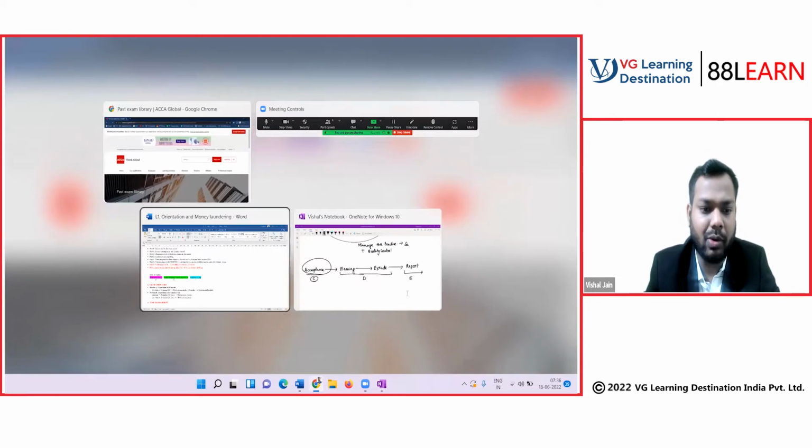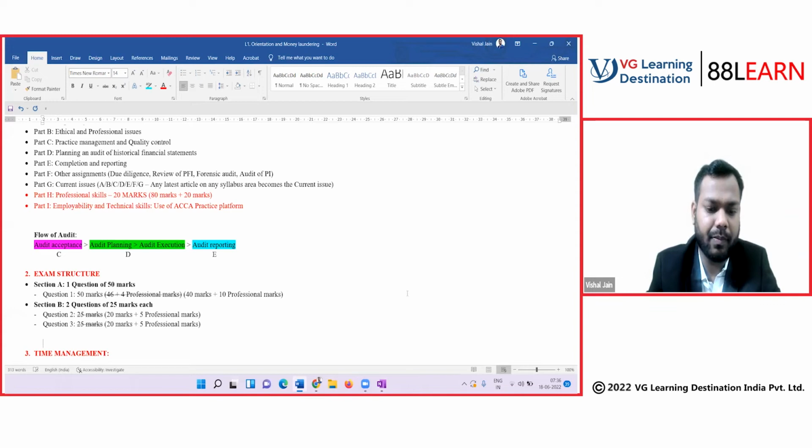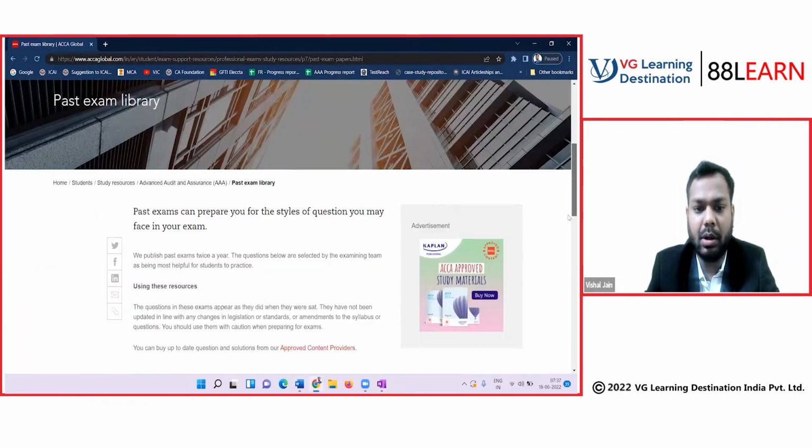Okay, I'll write here also how to access the past exam library. Note: to access the past exam library, first you have to visit accaglobal.com, then go to the student section, then go to ACCA study support resources, then visit ACCA full qualification, and in that, go to the AAA paper.